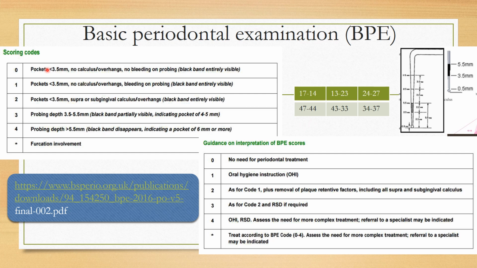The scoring codes are 0, 1, 2, 3, 4, and star. For 0, 1, 2, the pockets will be less than 3.5. With 0, no calculus or overhangs, no bleeding on probing.